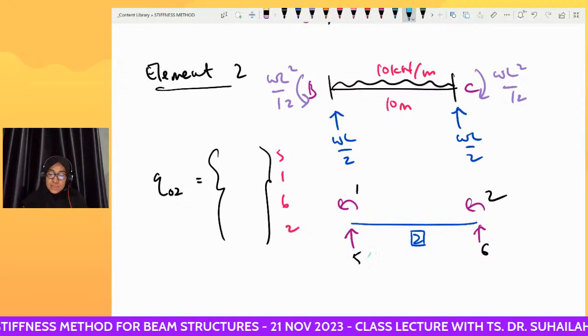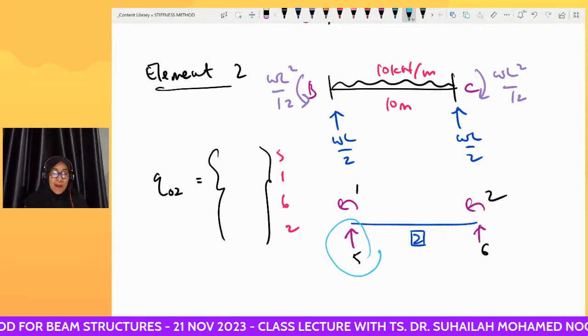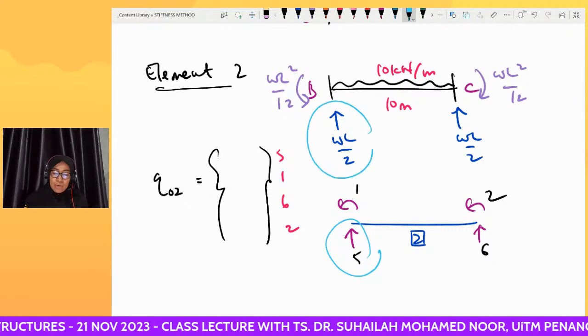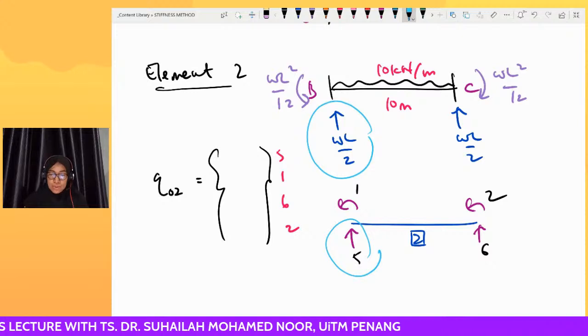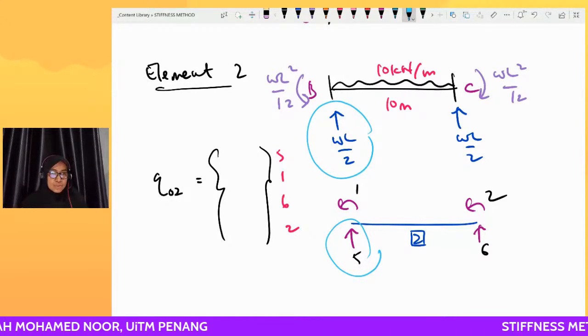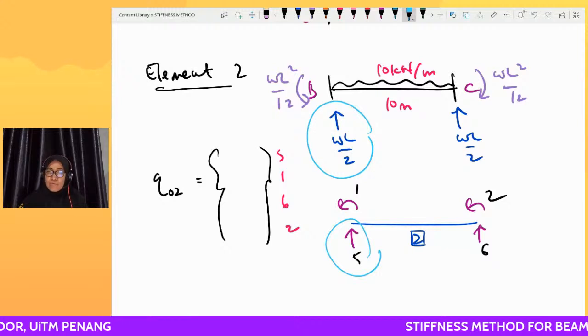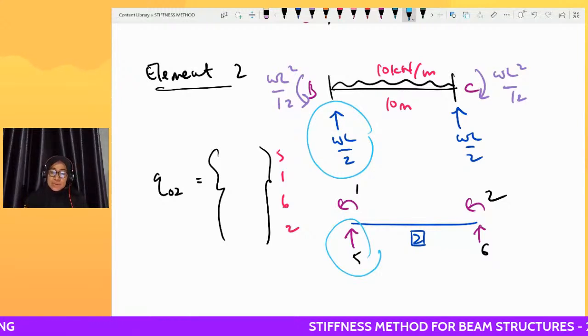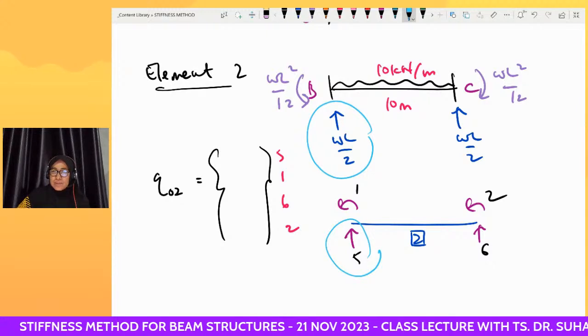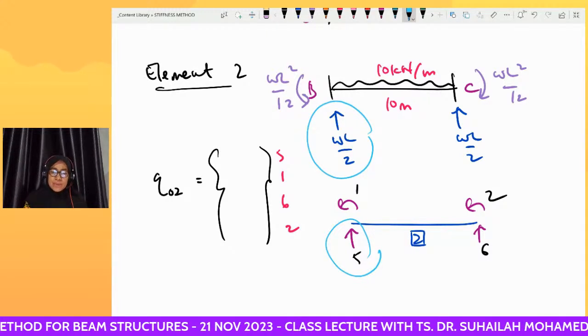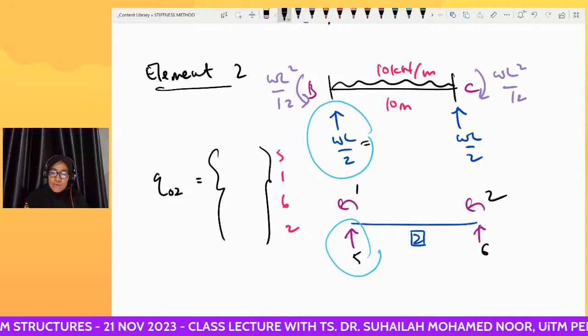Now position 5. Position 5 is WL over 2. What is the value? It is 10 times 10 divided by 2, which is 50.